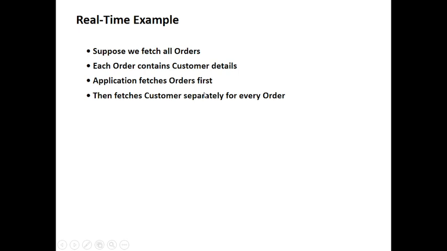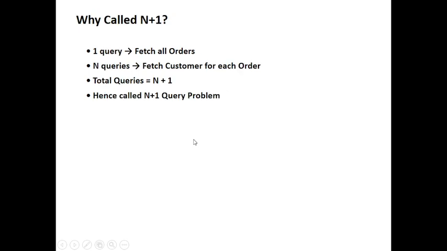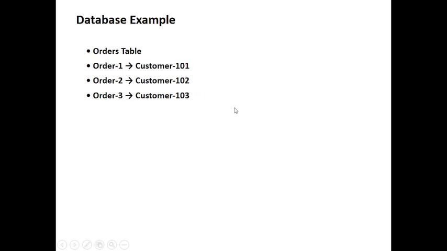The application fetches orders first, then fetches the customer separately for every order. So one query fetches all orders and N queries fetch the customers for each order. The total number of queries is N+1, hence it is called the N+1 query problem.